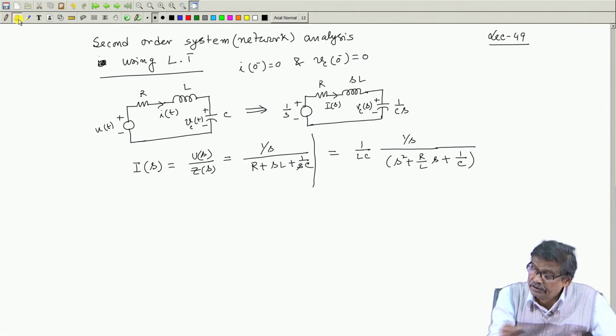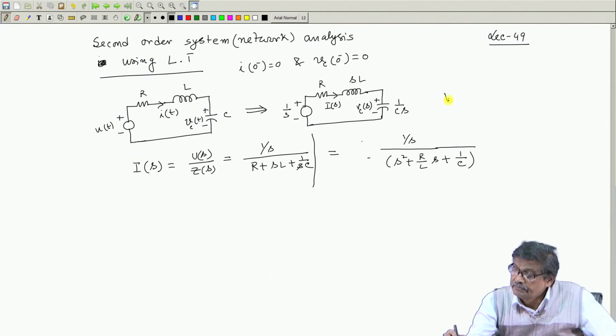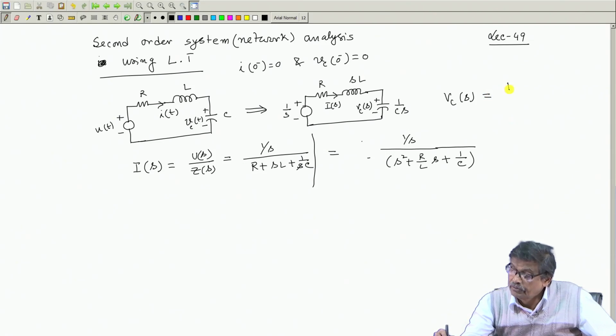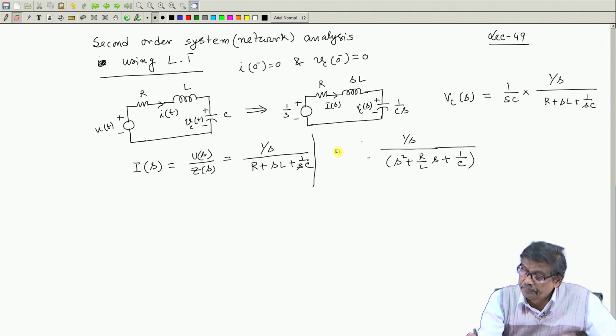Then if you get VC(s), VC(s) will be 1 over sC into the current. So, the current is 1 over s divided by R plus sL plus 1 over sC. If you simplify, it will become this way.